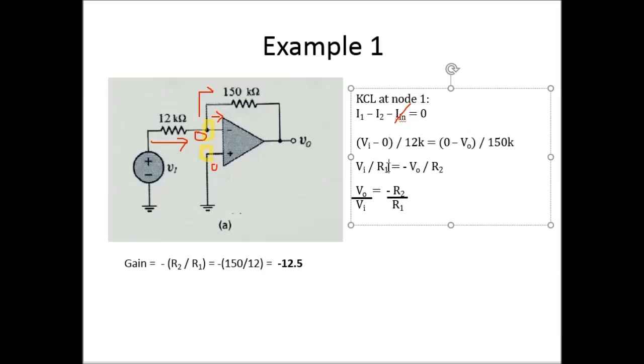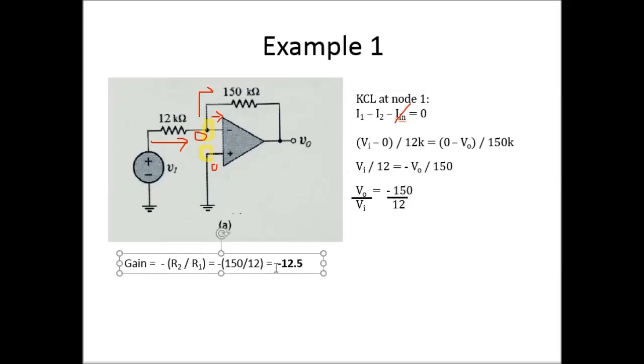So I have V in over 12, and this is 150. You are left with 150 over 12, and you get the same answer, minus 12.5. So if you are stuck and you are not sure, just go back to the derivation mode. But you need to remember the two properties, otherwise it will be hard for you to move forward.